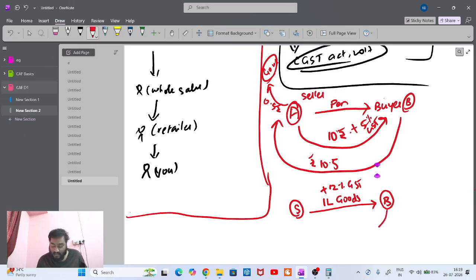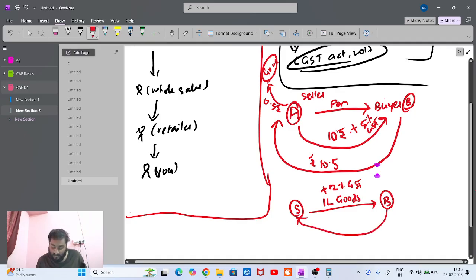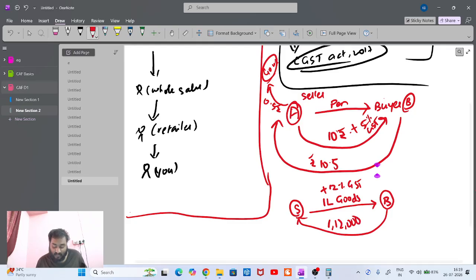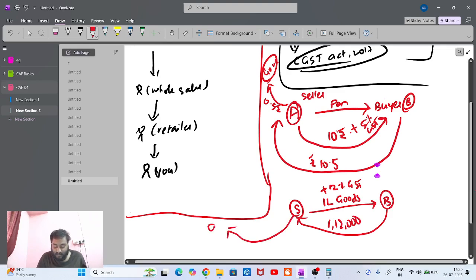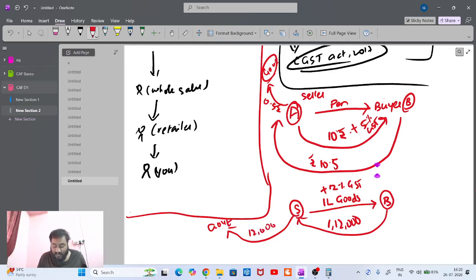So the buyer has to pay 1,12,000 rupees to the seller. Now the seller has to pay to the government 12,000 rupees, which he has collected from the buyer. Ultimately, the buyer is the one who is paying, but the seller is the one who is paying to the government.